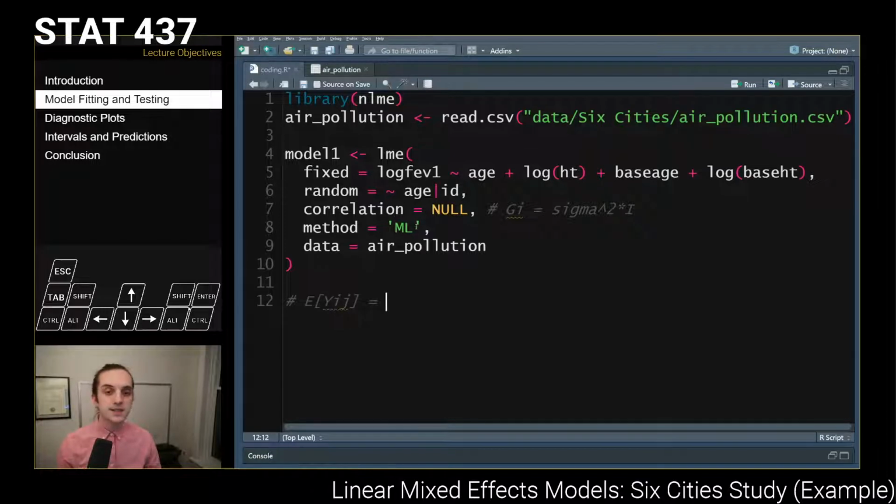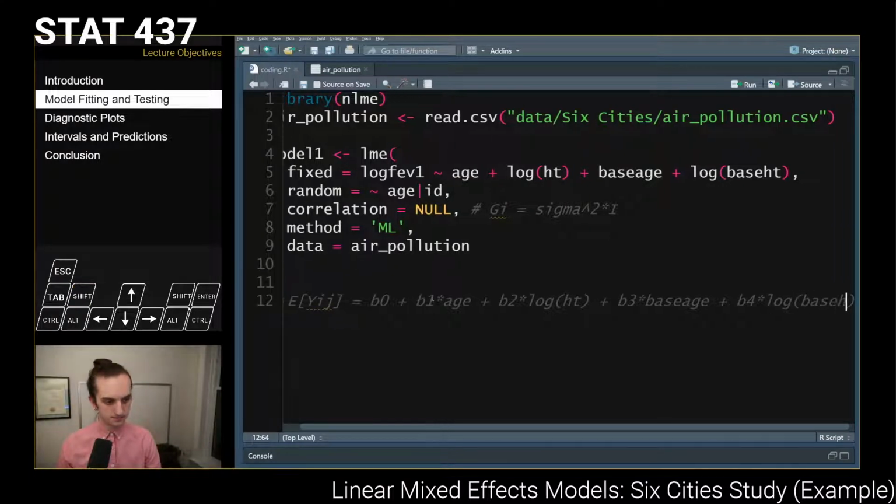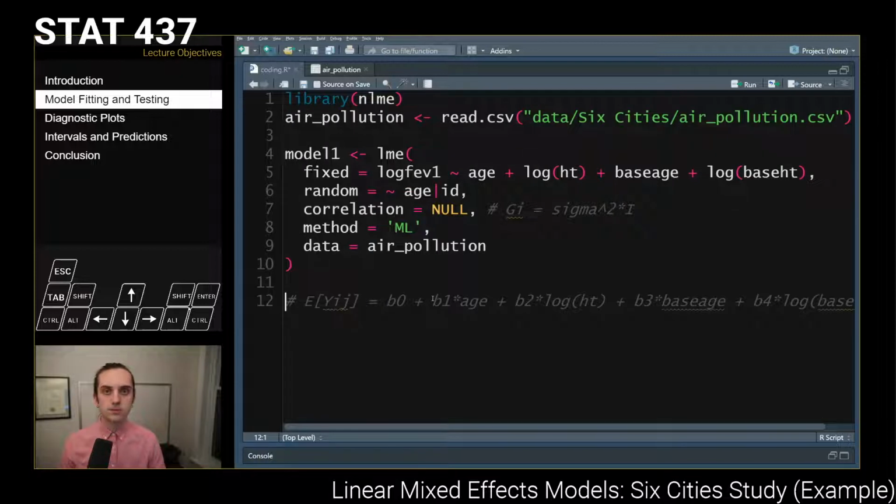And in this case, we're just going to be left with whatever the fixed effects terms that we've specified are, right? So that's going to be beta 0 plus beta 1 times its age, plus beta 2 times the log of height, plus beta 3 times the baseline age, and then say beta 4 times log of baseline height. Okay, so these 5 regression parameters sort of codify the marginal model, right?